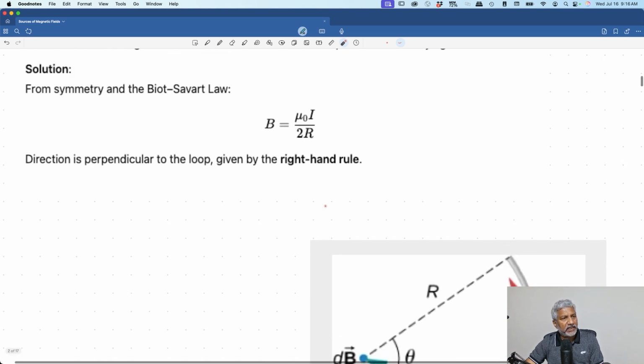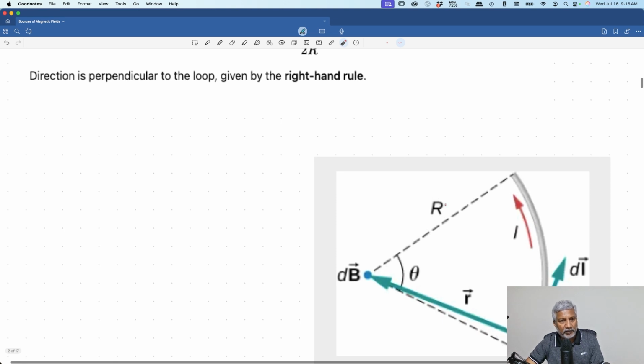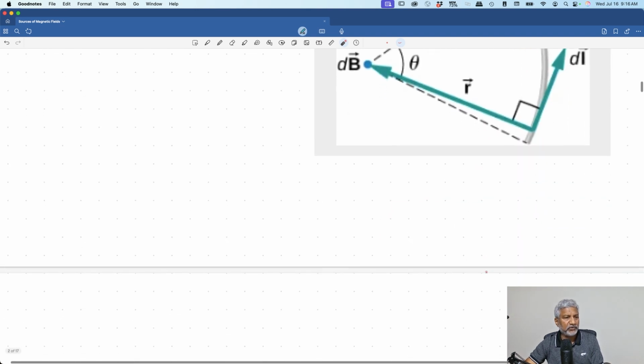So in order to get this formula, we have to first consider a part of that circular loop and apply Biot and Savart's law, and you can see that the angle, the distance, and the current and the length are given here. So we'll be using this.